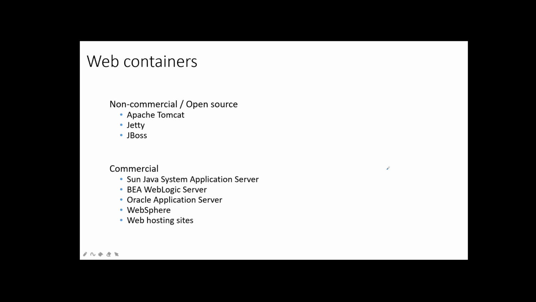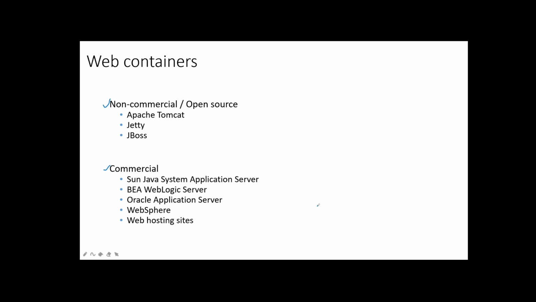And you might also be familiar with some web containers. There are actually two types of web containers: the non-commercial or open source and the commercial. If we say open source, this is free for all. That's why if you use Python or PHP, they usually use Apache Tomcat.